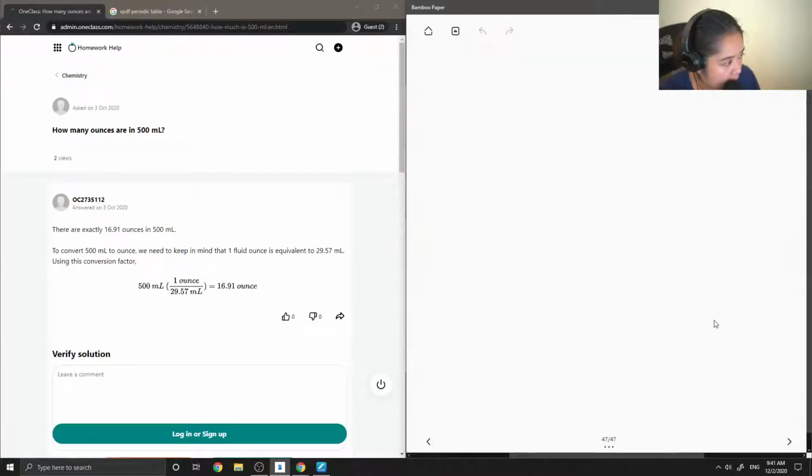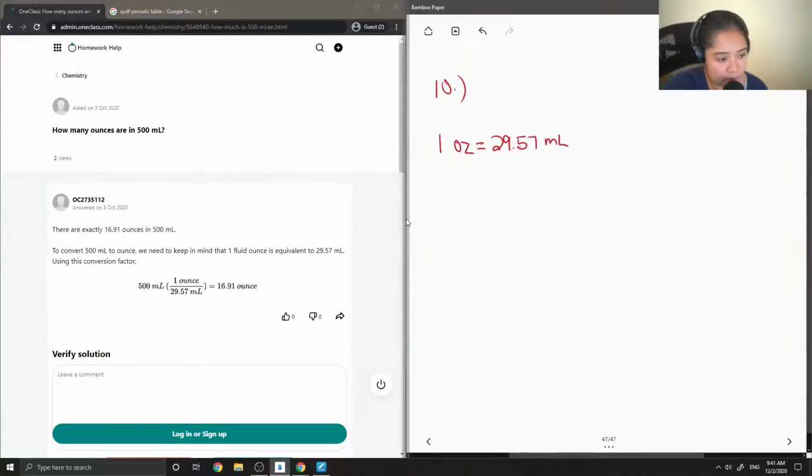Question 10 asks how many ounces are in 500 mils. So first, let's recall that 1 ounce is equal to 29.57 milliliters. So now let's solve for our unknown.